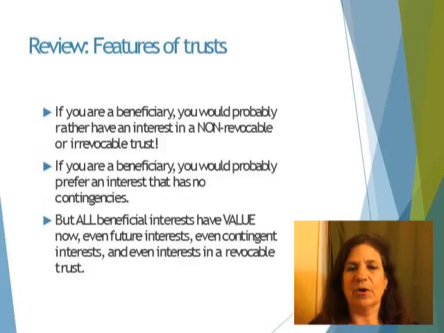So, if you are a beneficiary, you would probably rather have an interest in an irrevocable trust. You'd probably prefer an interest with no contingencies, and nevertheless, even if you end up with a contingent future interest or a revocable interest, that interest still has value today.